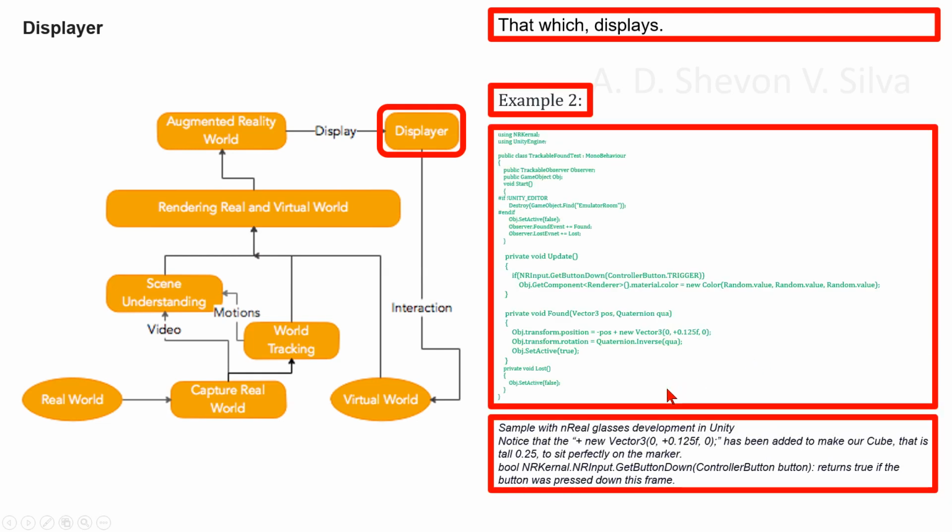Example 2, sample with Unreal glasses developed in Unity. Notice that the plus new Vector3(0, 0.125f, 0) has been added to make our cube that is 0.25 tall sit perfectly on the marker.